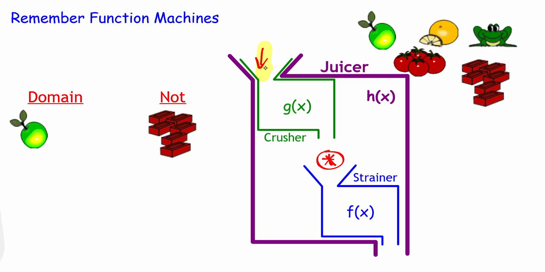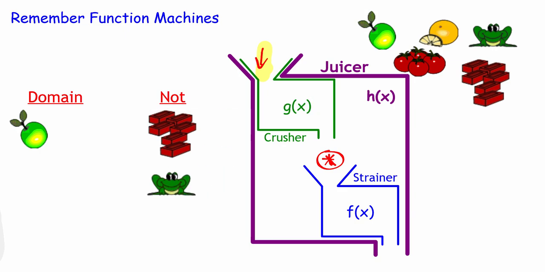We said the bricks could go in, but they caused a problem in the middle. In a previous lesson, we looked at this frog and said, well, this frog really shouldn't go into this crusher. That's just not a right thing to do. So we would say this frog is not part of the domain, not because its output can't go into the strainer, but just because it's wrong for its input to go into this crusher.